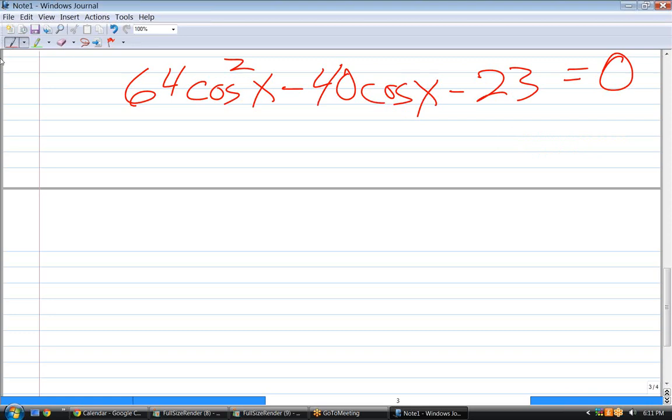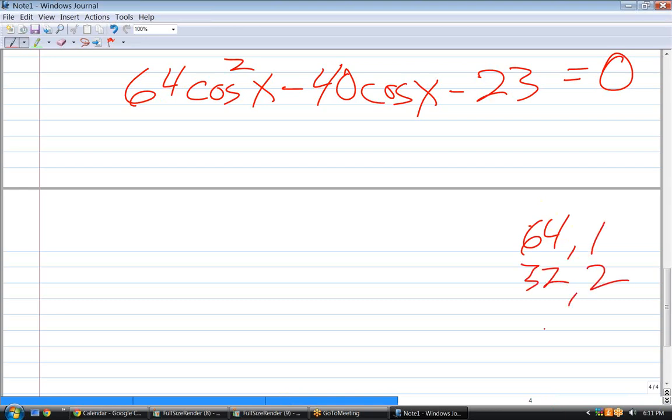Solving this doesn't appear to be the easiest thing in the world. Let's see. There's only two factors of 23, so it's got to be 23 and 1. And if this is 8 and 8, that won't work. What are factors of 64? There's 32 and 2.